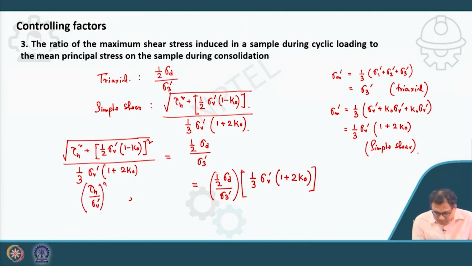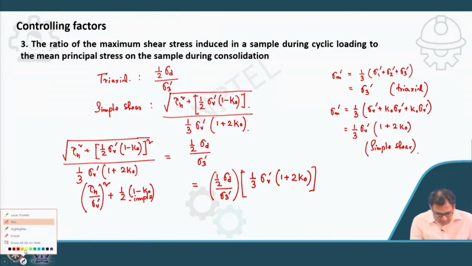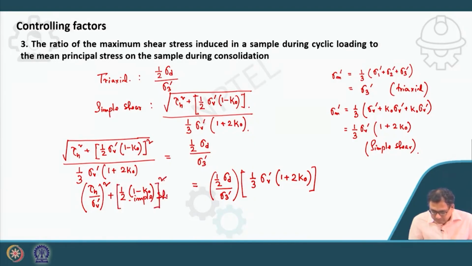If I divide tau h square by sigma v square, then this will be half (1 minus k0).